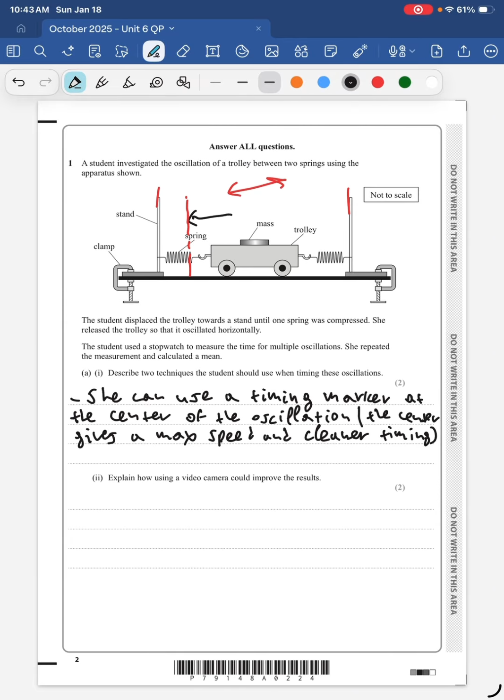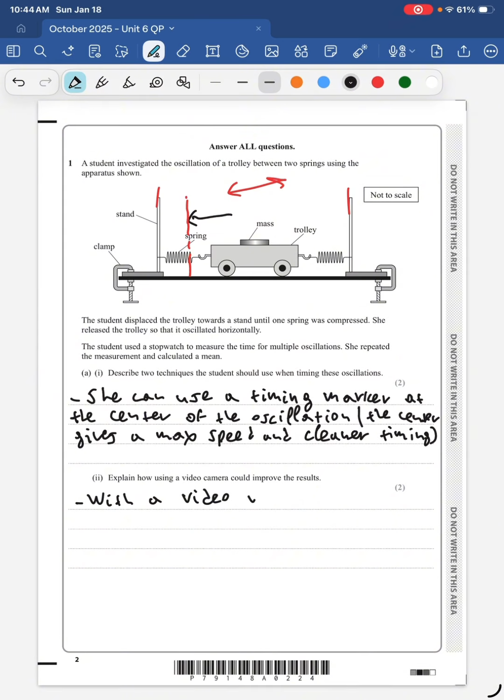All right, let's move to part 2 of question 1a. Explain how using a video camera could improve the results. So with a video camera, I promise to write more readable letters, so I will try again.